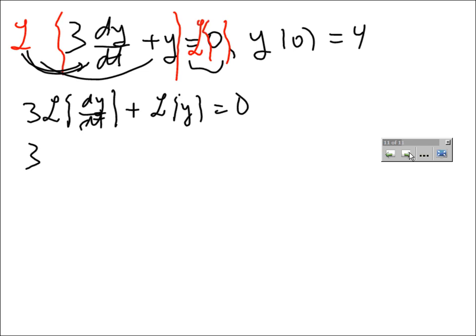Now, L of dy dt, that's s times L of y minus y of 0. That's that theorem that I didn't prove.